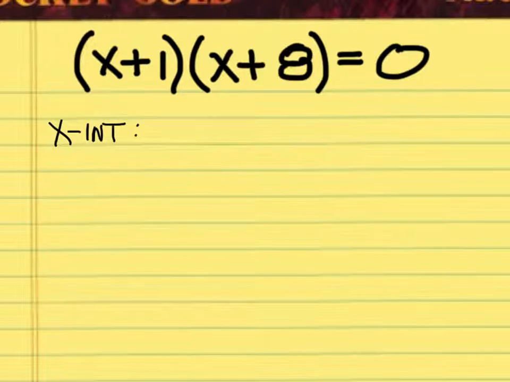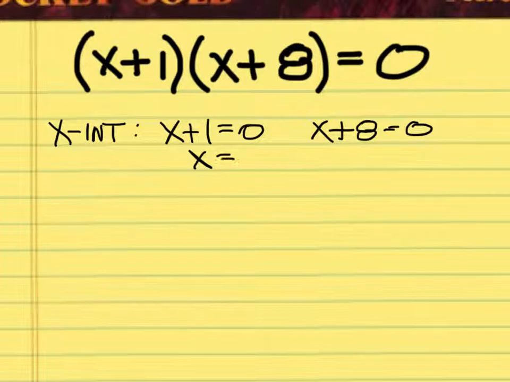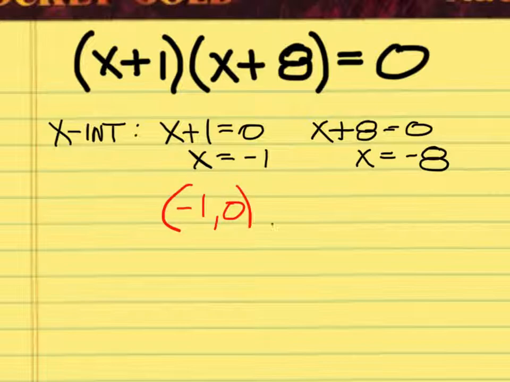The x-intercepts are found by setting each expression equal to 0 and solving for x. So x will equal -1 and x will equal -8. Express those points as points. So that should be (-1, 0) and (-8, 0).